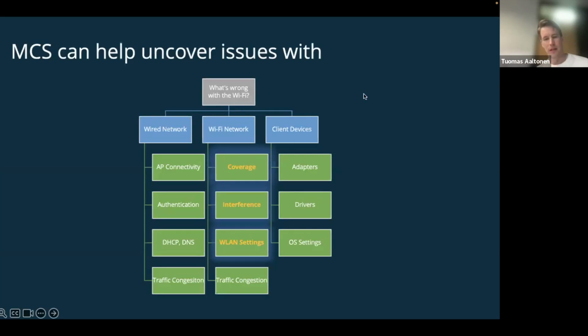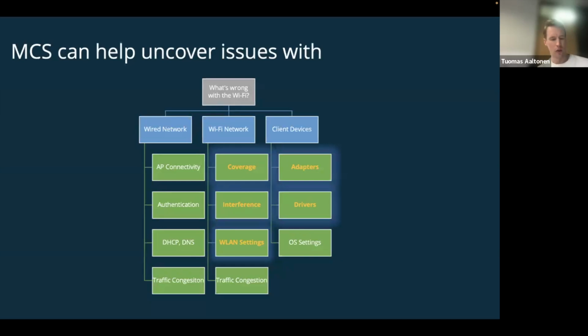It may be experiencing low signal strength, or you may have a coverage gap somewhere, or you may have interference that's impacting the SNR, or sometimes it could also be a setting on your controller or your AP, potentially impacting the coverage or something like that. But it may not always be the case, so it could also fall into this category.